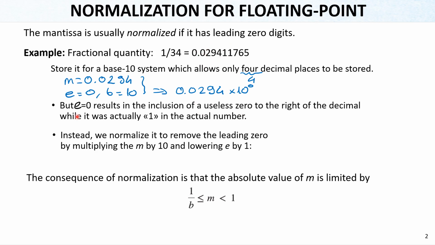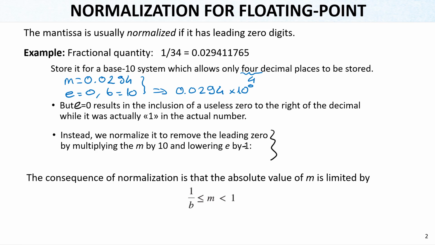And to do that, we don't want e to be 0. We can make it 1 and have a better representation of this number. So that's why we use normalization. We normalize it to remove the leading 0 by multiplying the m by 10 and lowering e by 1. So we will just make e is 1 and simply minus 1 actually, and simply we will have this result.